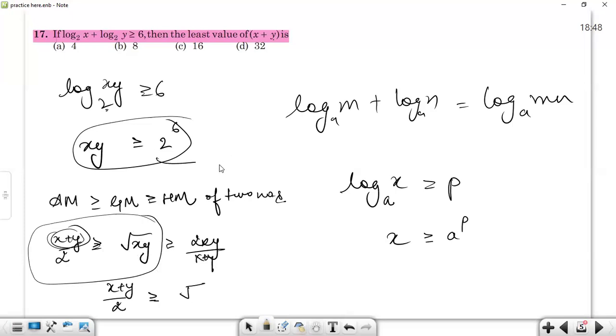So the least value of xy is 2 raised to power 6 here. And we need to find out the least value of this only.